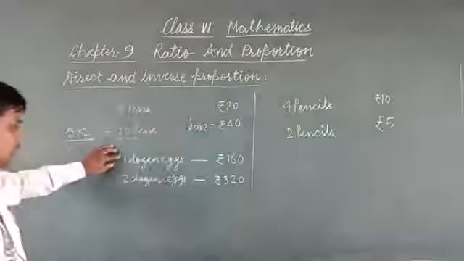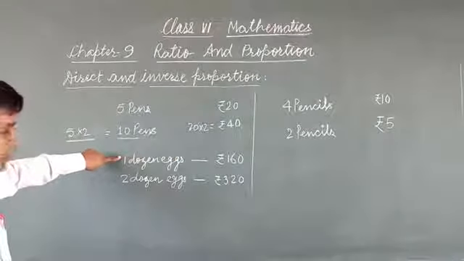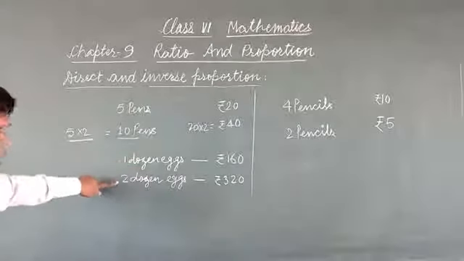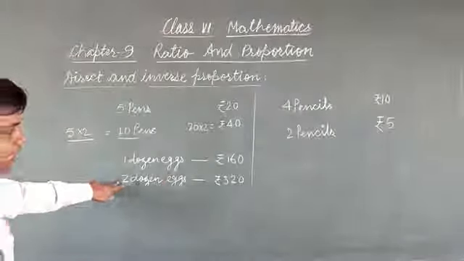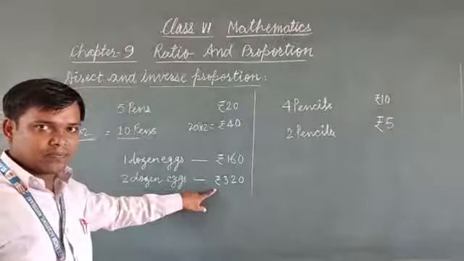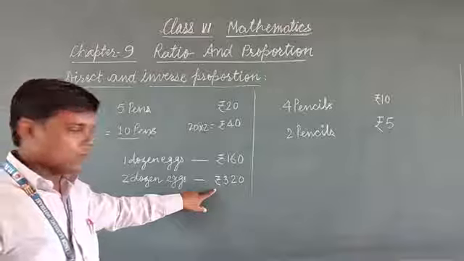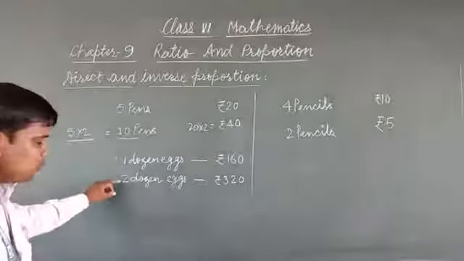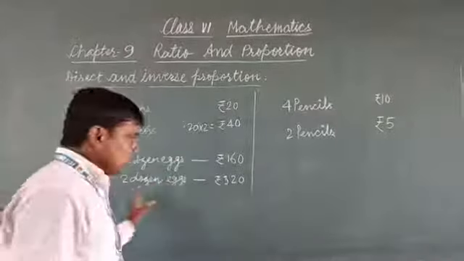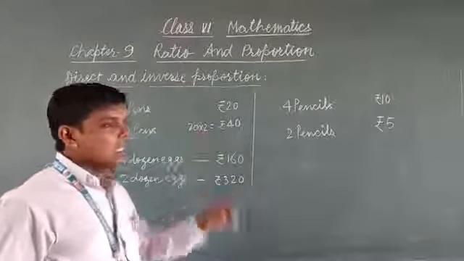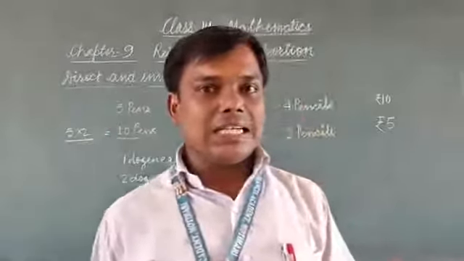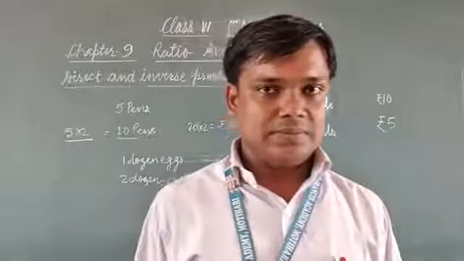So we observe one quantity, that is the number of eggs, becomes twice here, then the cost also becomes twice. So there is an increase in one quantity and a corresponding increase in the other. These are examples of direct variation or direct proportion.